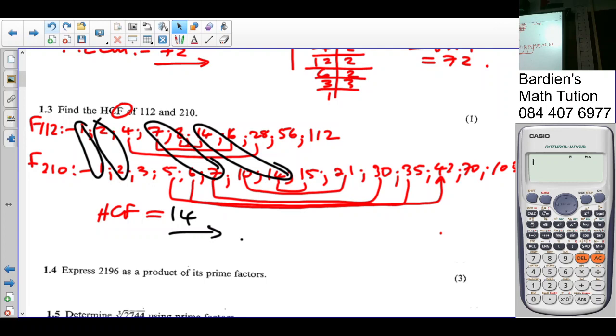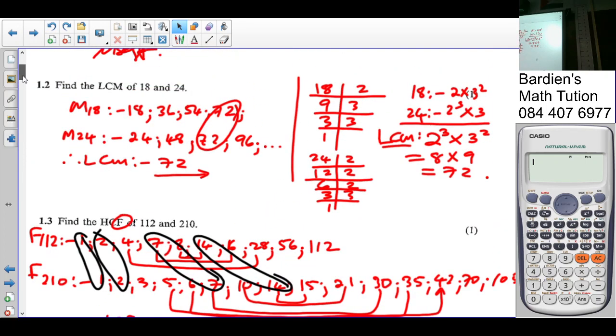It says that the biggest number that can be divided into 210 and 112 is 14, without a remainder. You understand? Let's look here. What does this lowest common multiple say? 72.